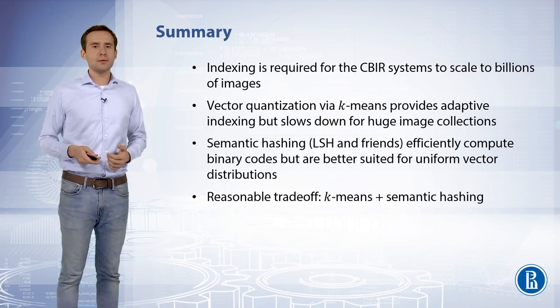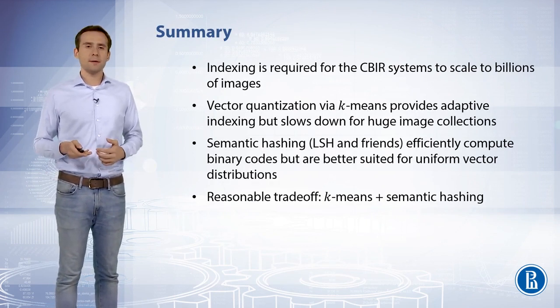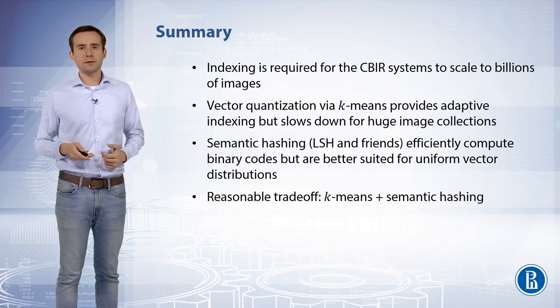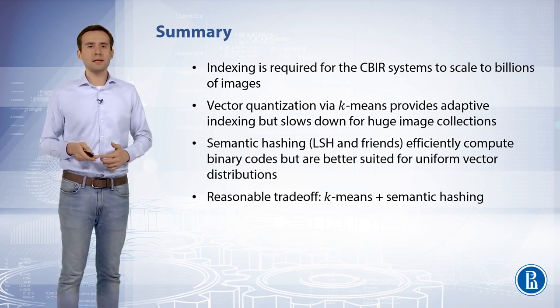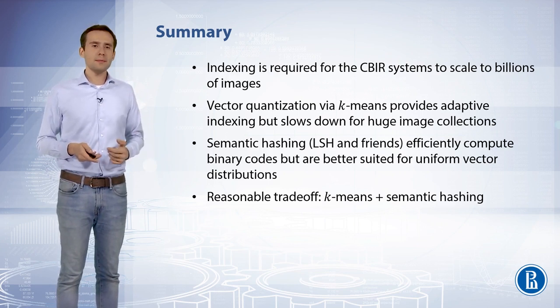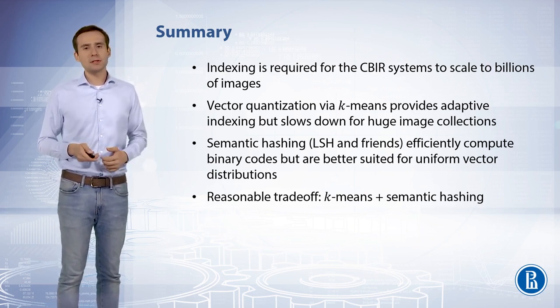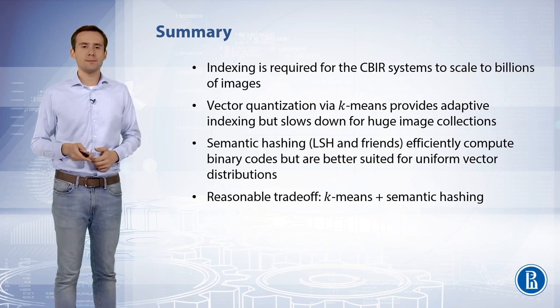In this episode, we have described the indexing procedures that are required for the CBIR systems to be effective and scale to billions of images. The main procedure to do that is through vector quantization. That would provide adaptive indexing if we use K-means, for example, but it would slow down for huge image collections.